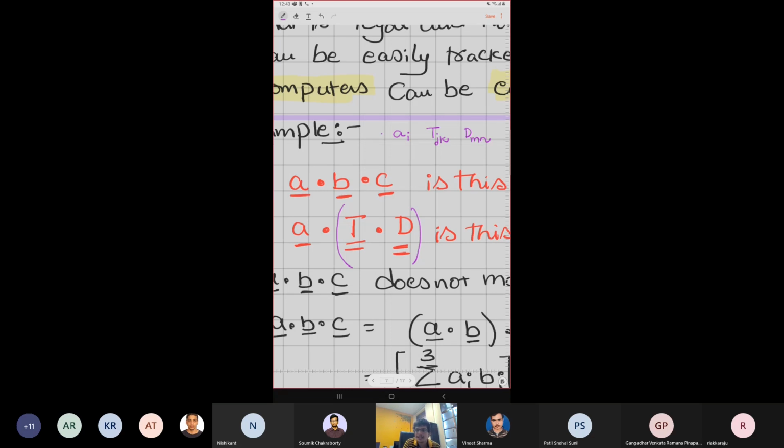So let us ask either Nishikant or Pratima. Yes, sir. So I'm giving you the hint. A vector can be replaced by A_i indices. T, a tensor of rank 2, can be replaced by T_jk. D is a tensor of rank 2 and can be replaced by D_mn. Now there is something like dot.